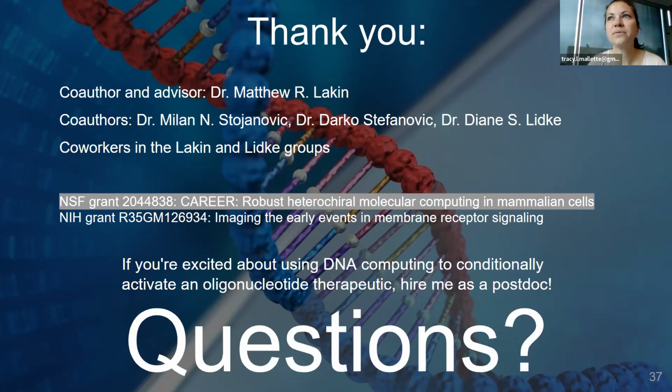There's a lot of tools available for designing these systems. NUPACK is great and it's available online. There are some different available tools like that and a lot of already existing circuits. And the nice thing about using this strand technology is you don't have to reinvent the wheel every time.